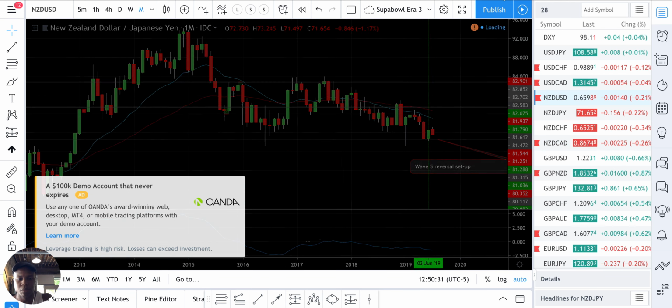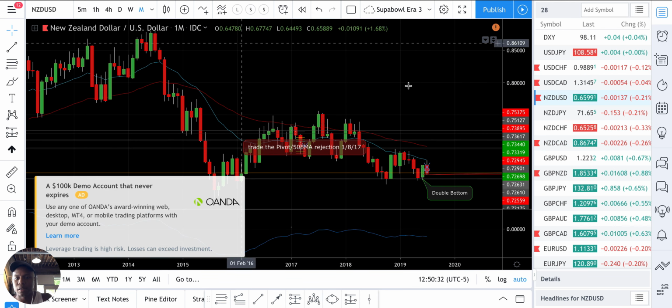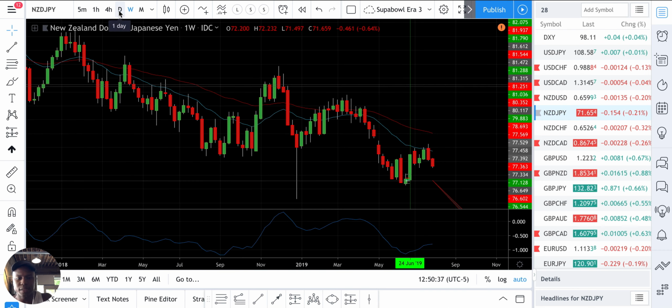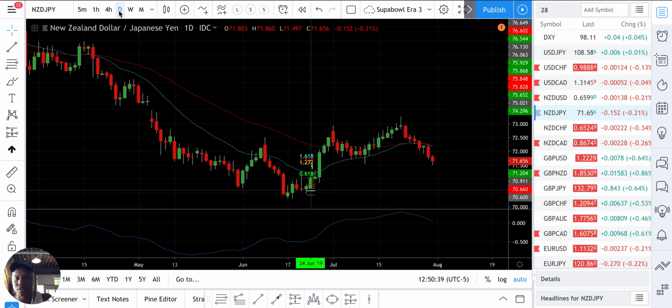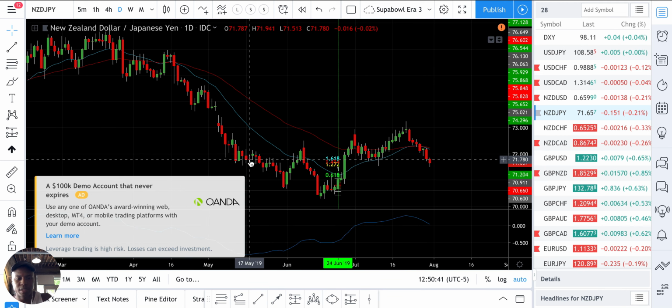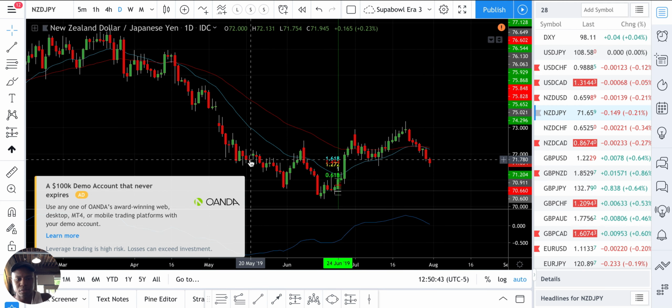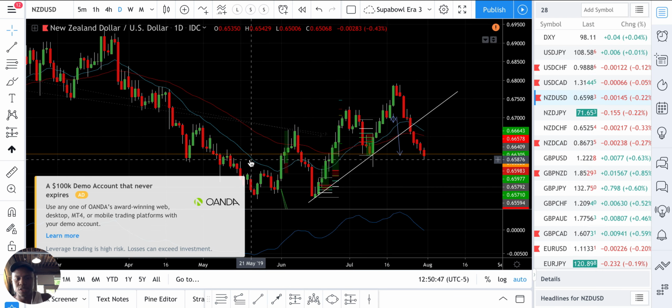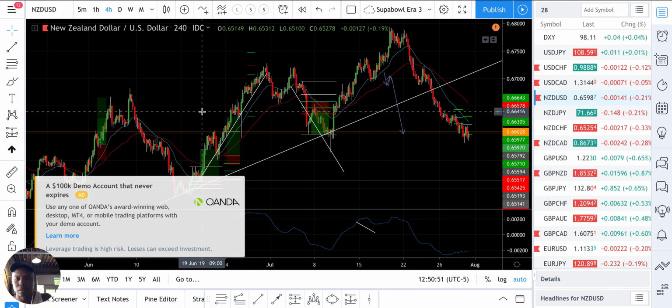Looks like so. Monthly, I got space, obviously, but the weekly, 20 EMA is a factor. On the daily, we're pretty flat on most of these, except for the NZD USD. Looks like it might do something.